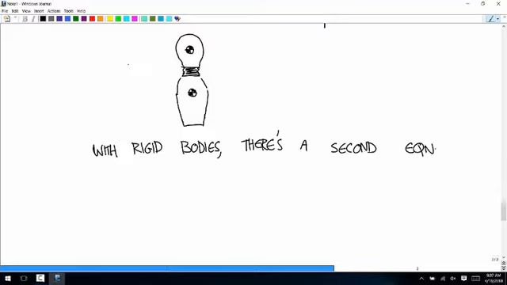It's implied by his second law, but he didn't make this jump. But there's a second equation, and I'm going to call that the rotational version of Newton's second law.